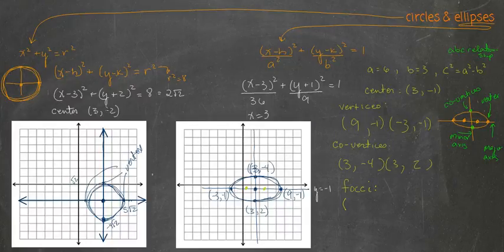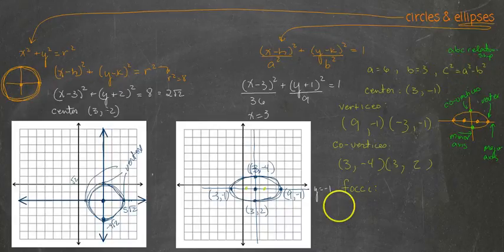Since the foci only fall on the major axis, we're going to use the same formula, but instead of 3 plus a, we're going to do 3 plus c to find the focus, and 3 minus c to find the other focus. So we didn't calculate c.